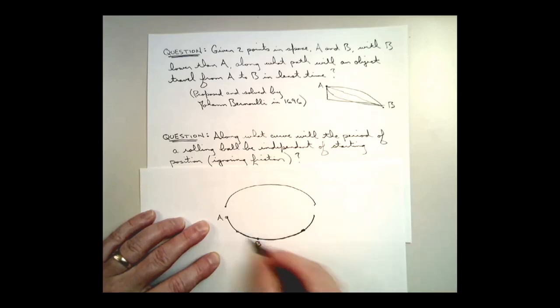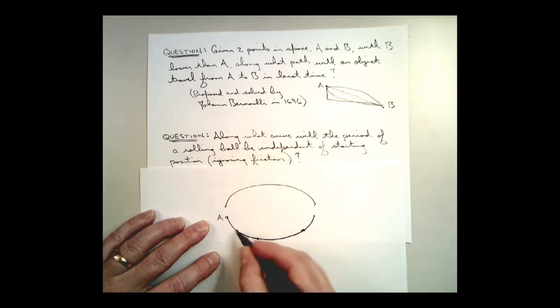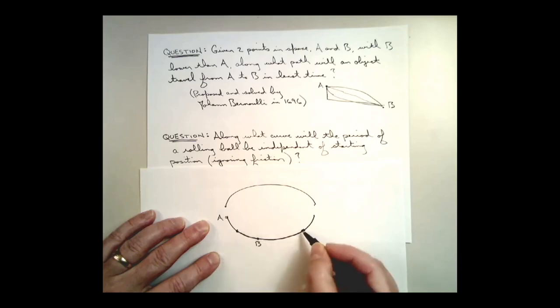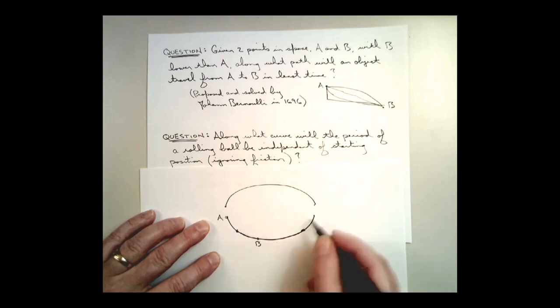There's going to be some time period that elapses as we go from one point to the other. We want to know along what curve will we go from one point to the next, and then it's going to roll back again, for which the time required is independent of the starting position.